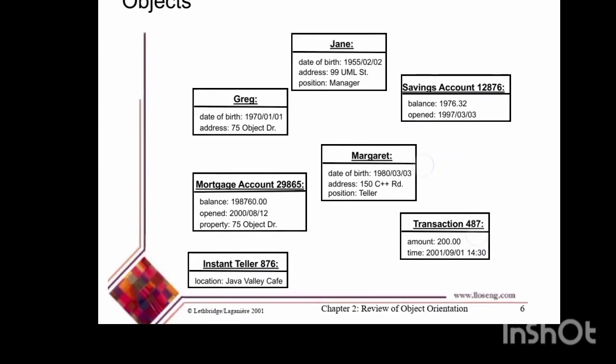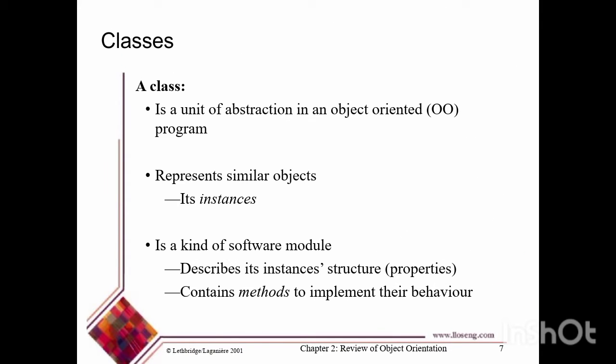Next, the seventh one, classes. After finishing the object, objects have properties and objects also have behavior. And now we have the class definition. A class is a unit of abstraction in an object oriented program and represents similar objects, that is, the instances.